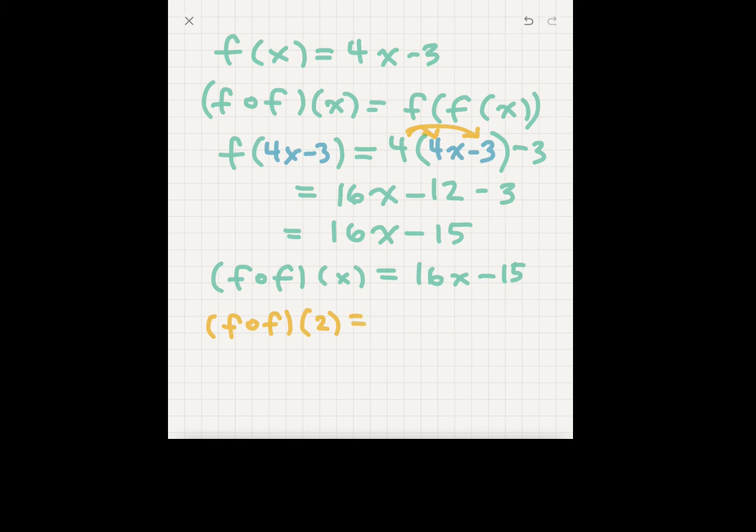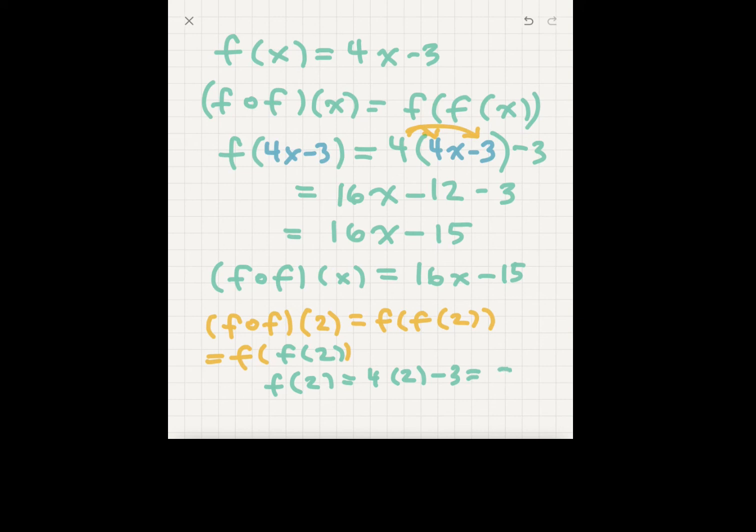So that means I'm taking f of f of 2. But I know that f of 2 is 4 times 2 minus 3.